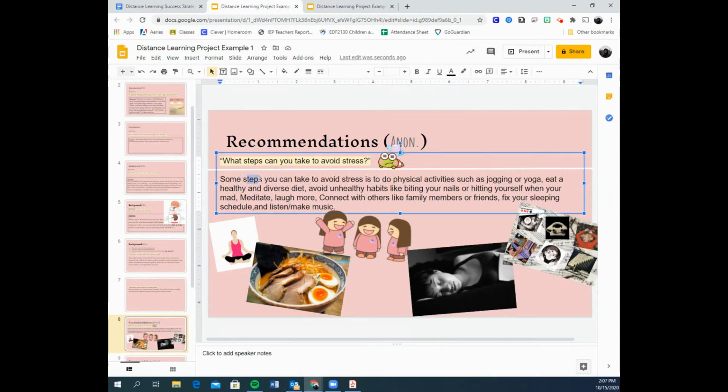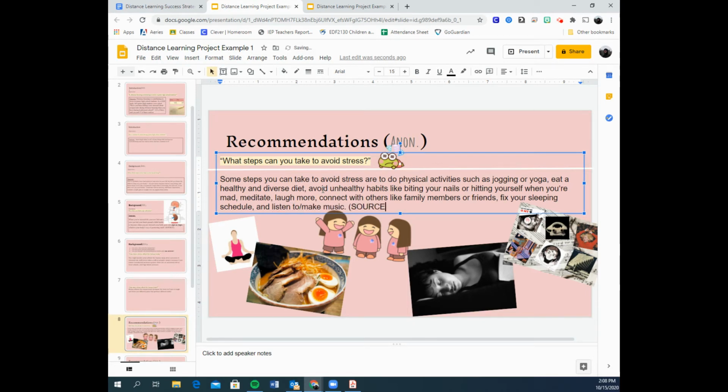Some steps, this is a plural word, so you can take to avoid stress are, and grammar, are to do physical activities such as jogging or yoga, eat a healthy and diverse diet, avoid unhealthy habits like biting your nails or hitting yourself when this should be you're mad, meditate, doesn't need to be capitalized, laugh more, connect with others like fix your sleeping schedule, comma, and listen to or make music.